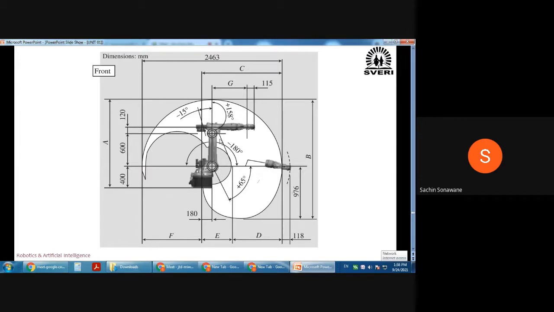The total horizontal reach is 2463 mm. From the center, one side it is maybe 1232 mm, on the other side 1232 mm. These are the dimensions. This is the angle through which this arm can rotate.